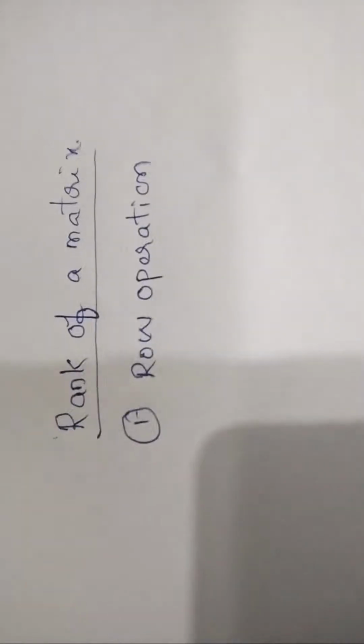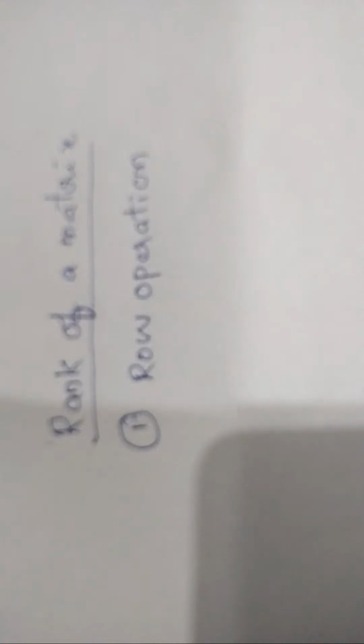First, listen to the rules. The first rule is use only row operations. The second one is form the upper triangle.